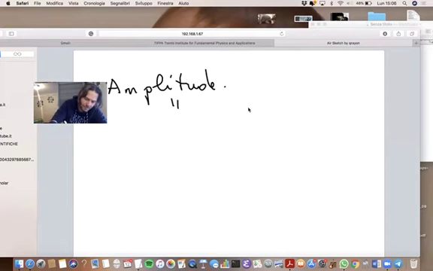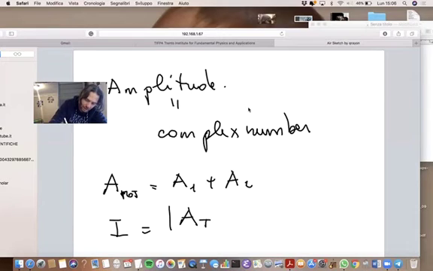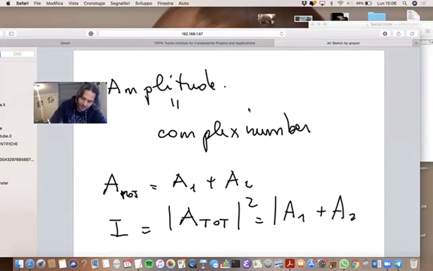The amplitude can be taken as a complex number, and the total amplitude is the sum of the amplitudes of the two holes, but the intensity is the modulus square of the total amplitude. So it's the modulus square of the amplitude of the two, which will contain new terms.